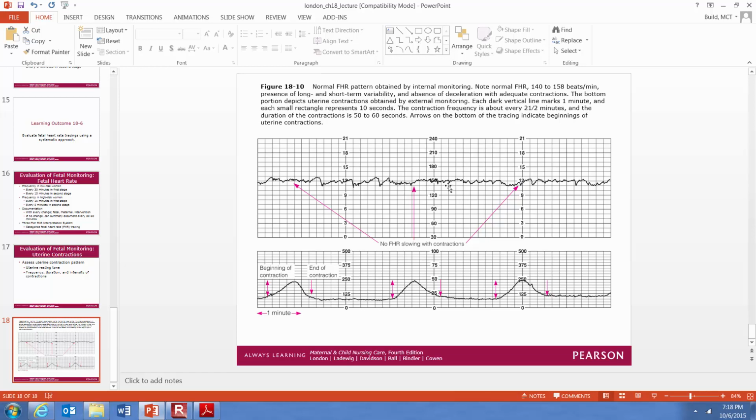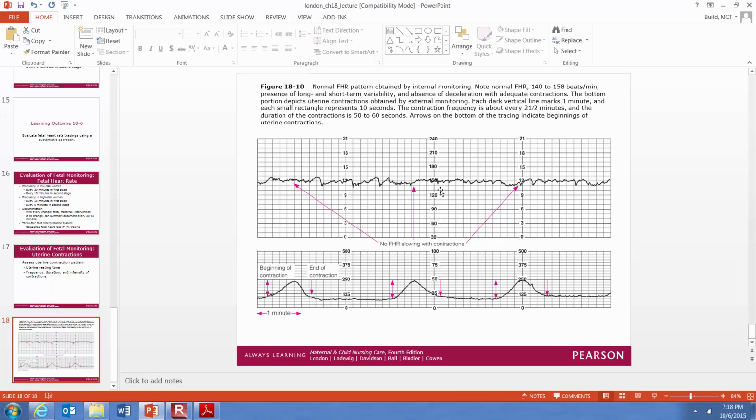Okay? When we document baby's fetal heart rate, so if that fetal heart rate would be in the middle of this section, I don't say it's 142 or 143. I document in 5 beat increments. So it's 120 or 125 or 130 or 135. So you see 120 here?